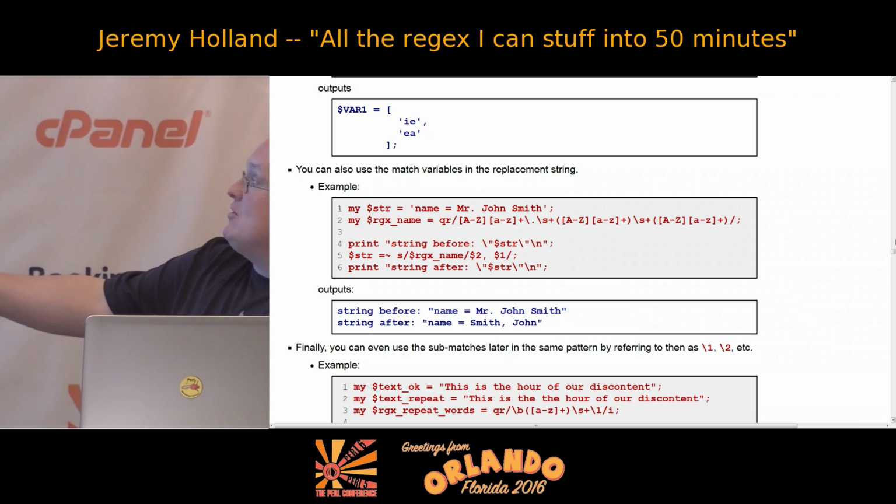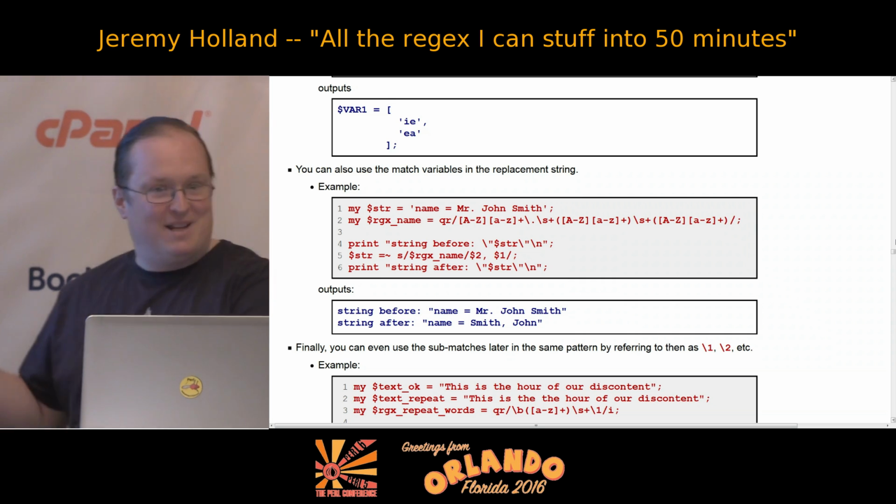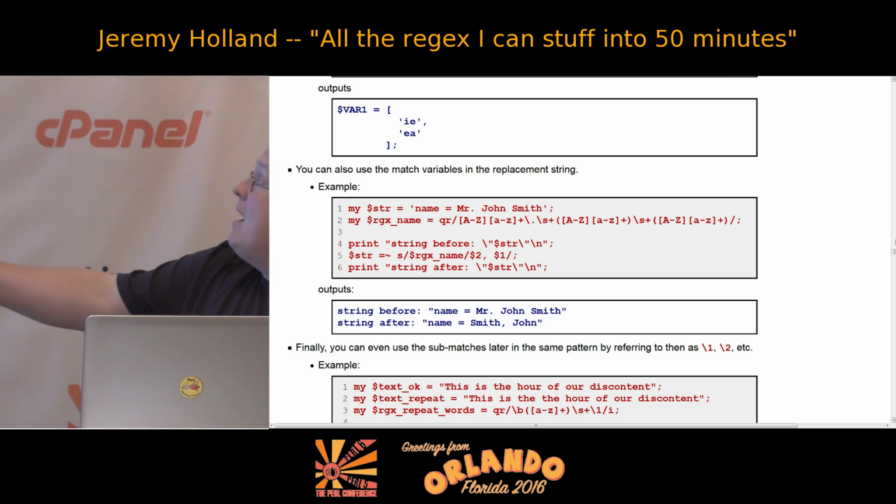You can use the match variables in the replacement string. So if you take a United States first name, last name with a salutation like this, you capture the first name as $1, capture the last name as $2, and then substitute everything you matched, which includes that salutation, with $2, $1, which has the effect of replacing Mr. John Smith with Smith, John.